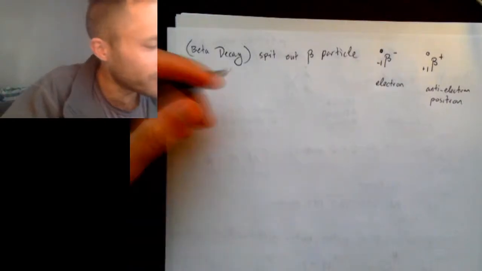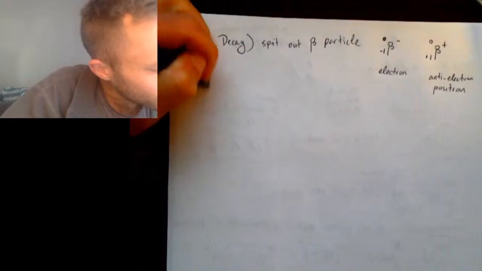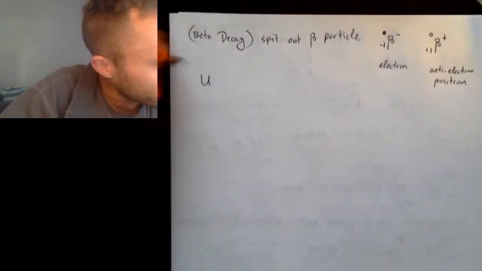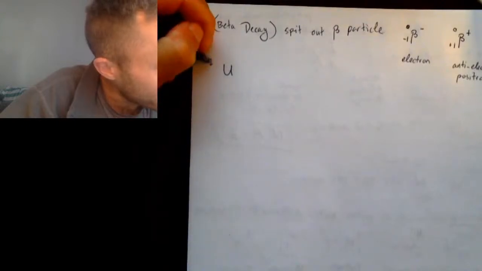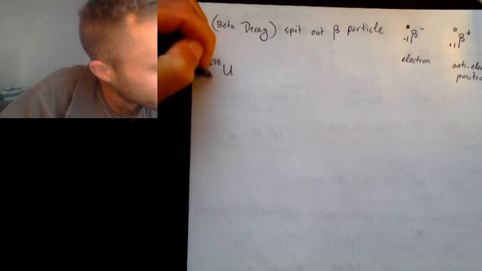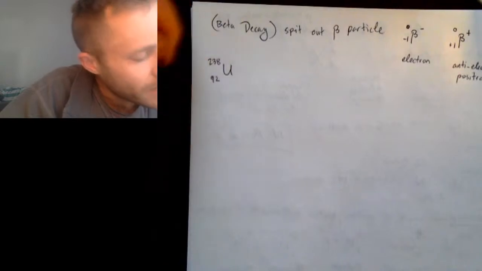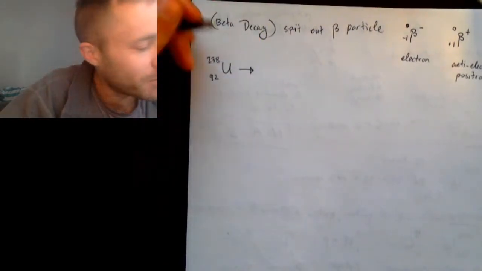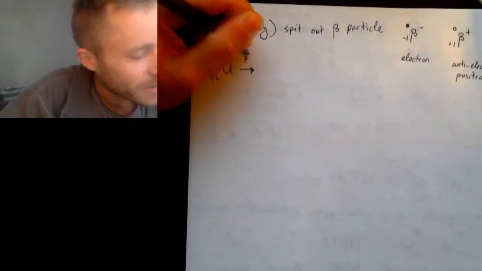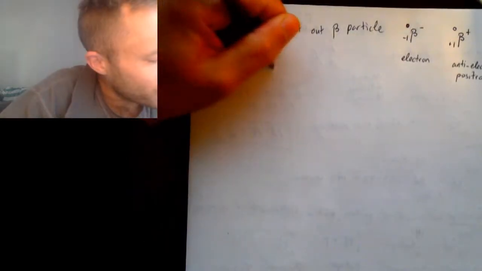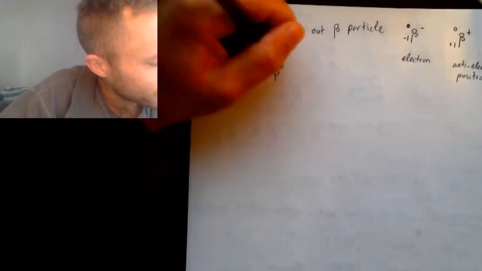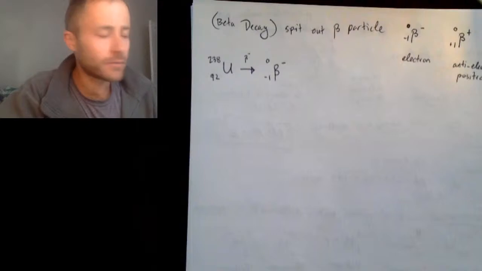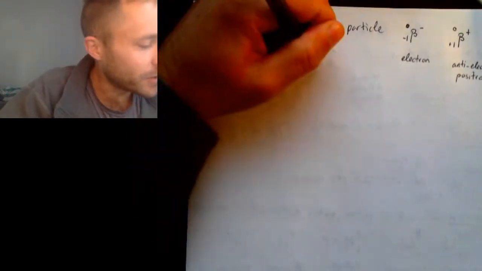So let's suppose that we have uranium 238, and what if it beta decays? What if it beta minus decays? So it spits out a beta minus, okay, and then something else.